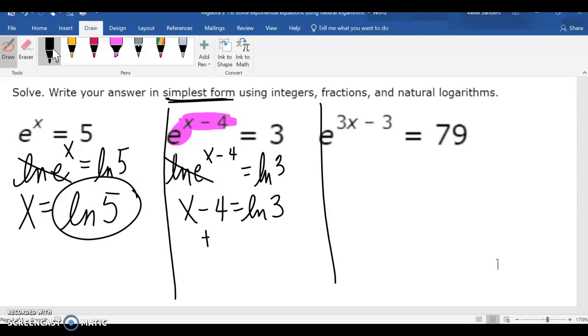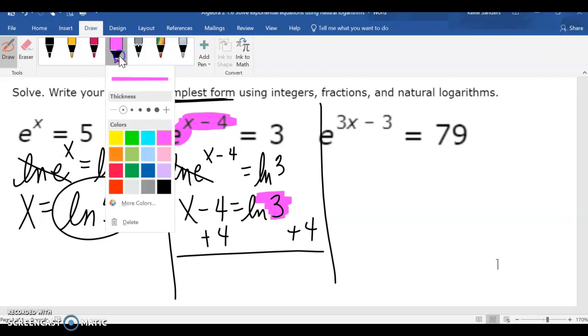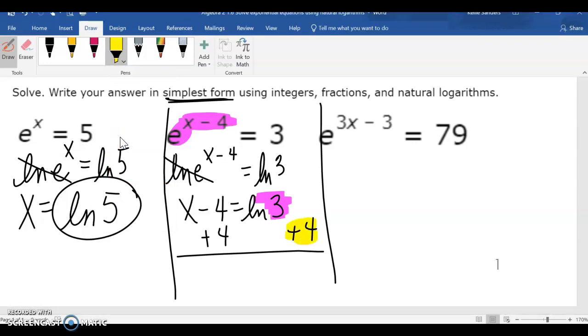Then we're going to add 4 to both sides. But again, this 3 is not just 3, it's natural log 3. So the 4 will not be able to be added to the 3. It's not going to be natural log 7. It's going to be natural log, and then you'd put the 3 in parentheses and the 4 on the outside, and that's all you do.